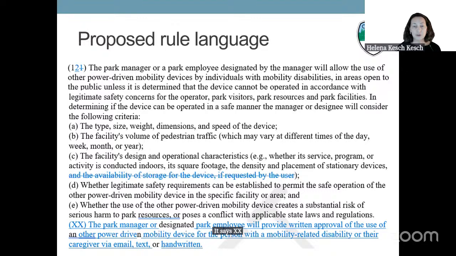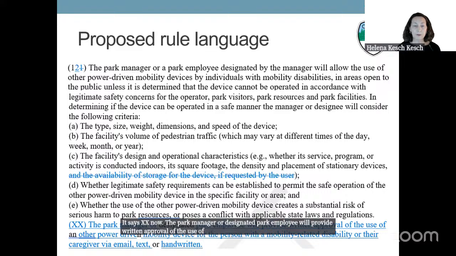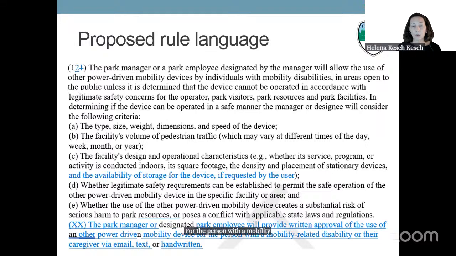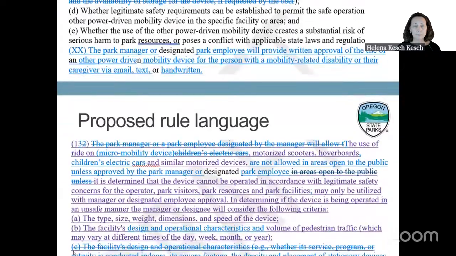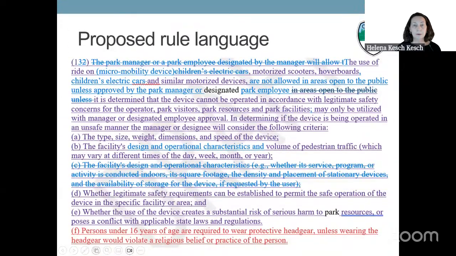The park manager or designated park employee will provide written approval of the use of an other power-driven mobility device for the person with a mobility-related disability or their caregiver via email, text, or handwritten. "13.